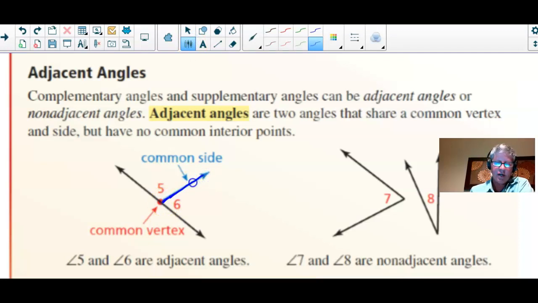You've got to have this common side. But interestingly enough, they have to have the same vertex. So what we have over here, since they don't share a side, these are called non-adjacent angles. We don't really care about that. Nobody calls them non-adjacent. They just say, hey, look at those two cool angles. But over here, that's when we have adjacent angles.